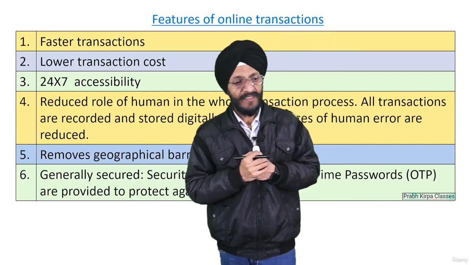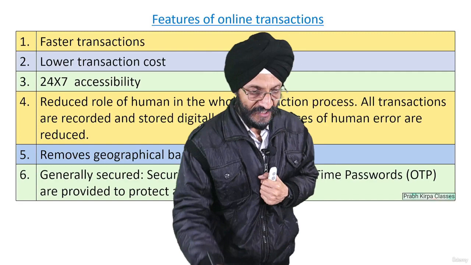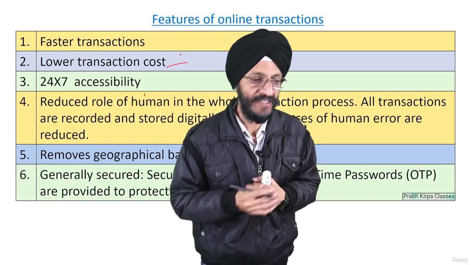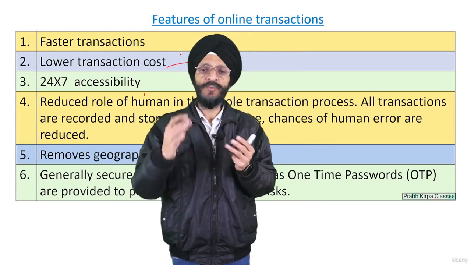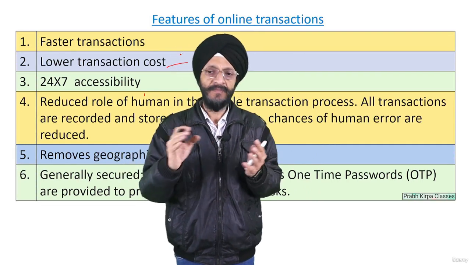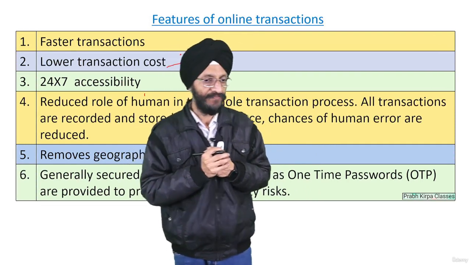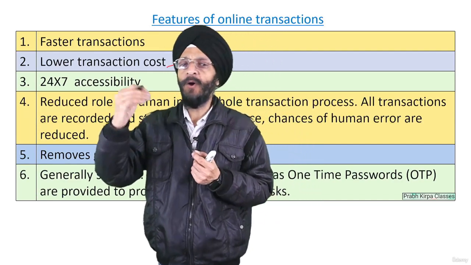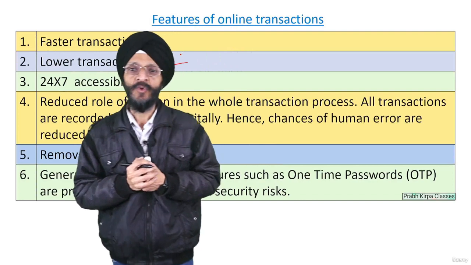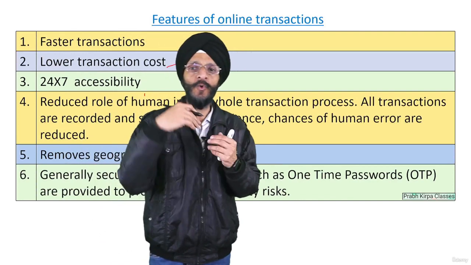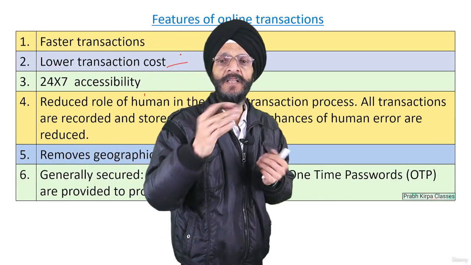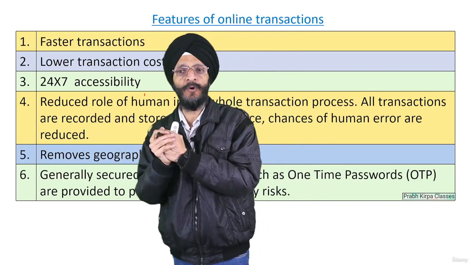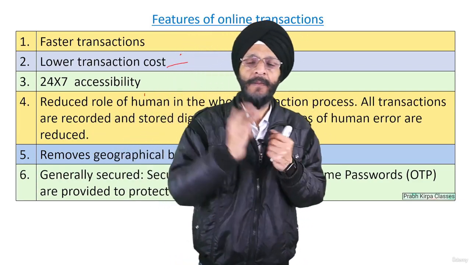Next feature is lower transaction cost. Lower transaction cost means in the case of traditional system such as cash transactions, suppose you are to make the payment to a person living about 100 kilometers away, you may have to depute someone to go to the other place by bus or by car or any other means of transport and give him the payment.